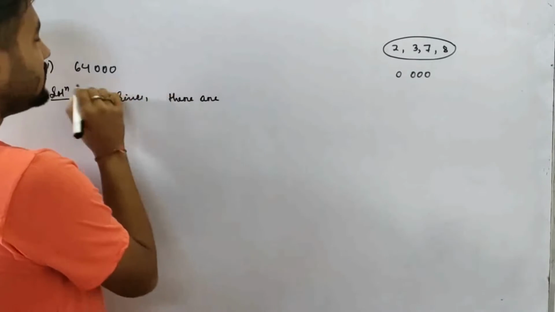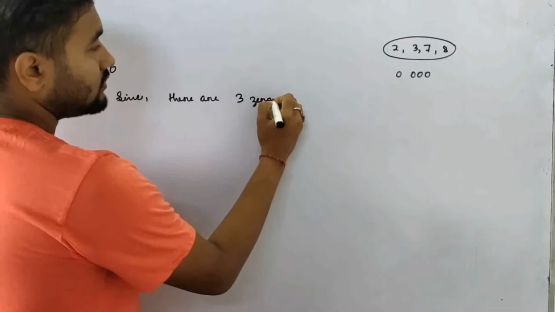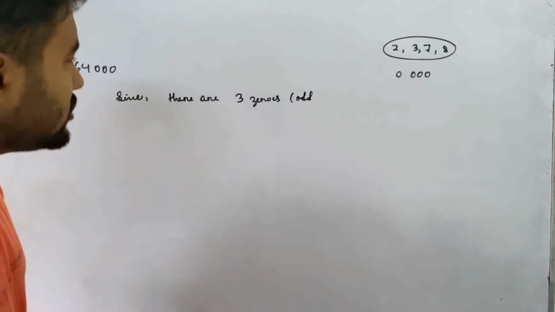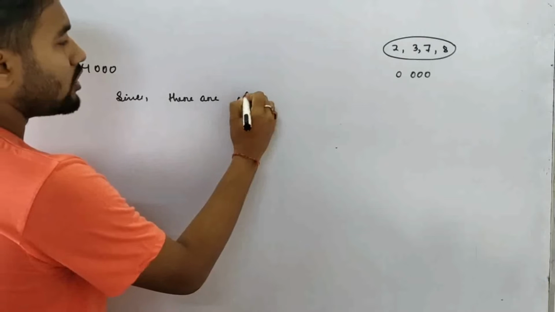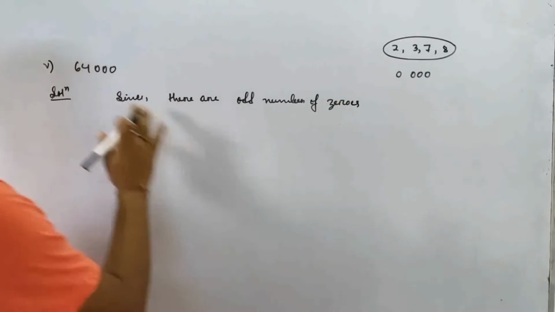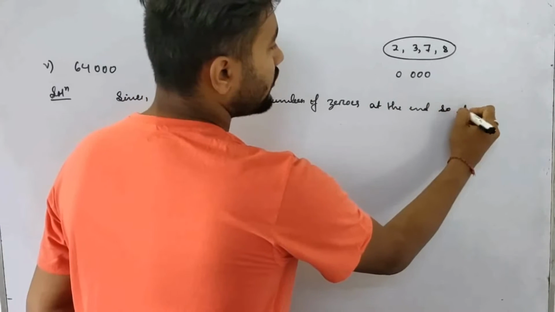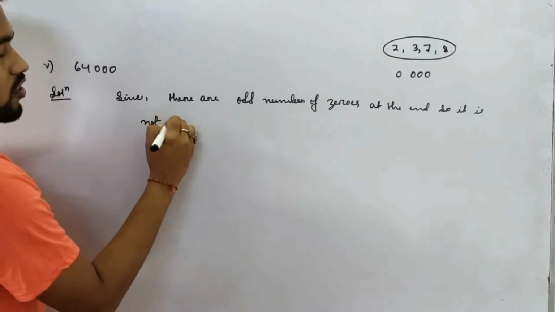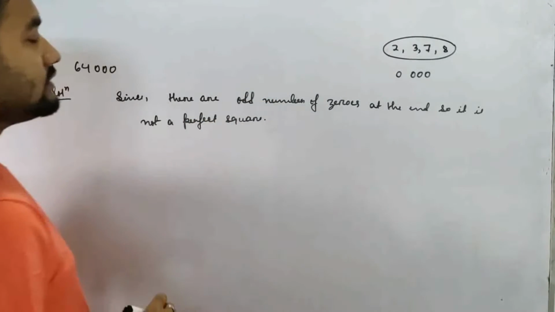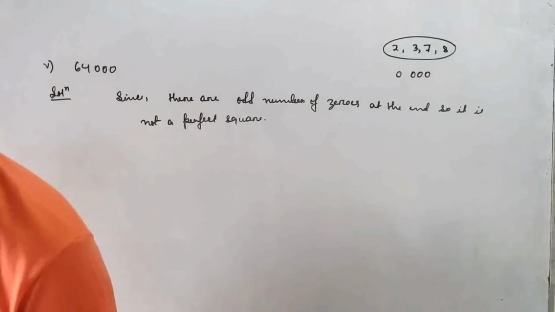Since there are 3 zeros, an odd number, no need to write like that, you write a shortcut: since there are an odd number of zeros at the end, so it is not a perfect square. Understood? Simple.